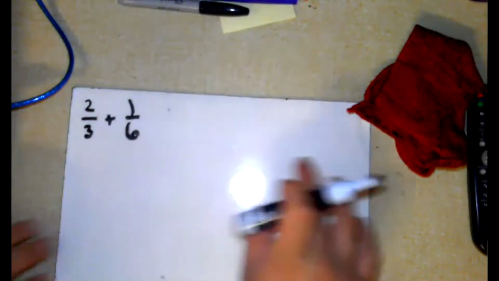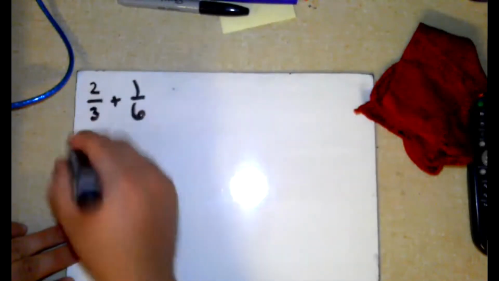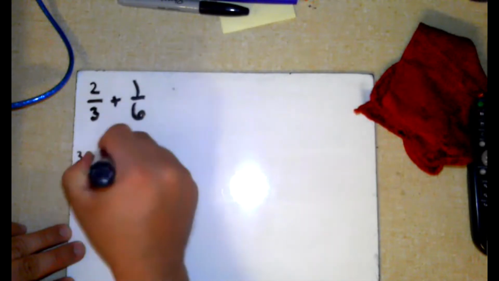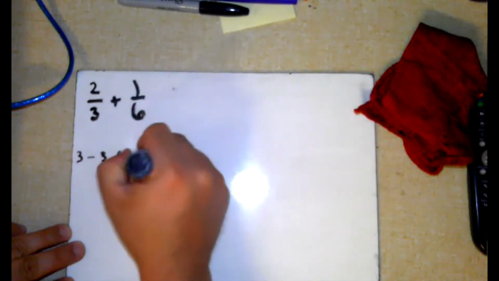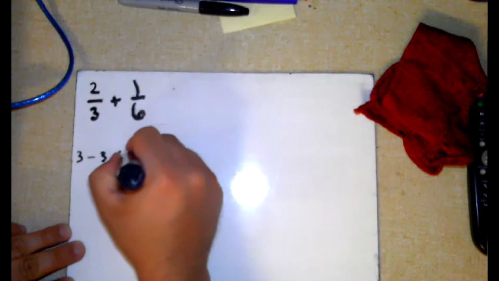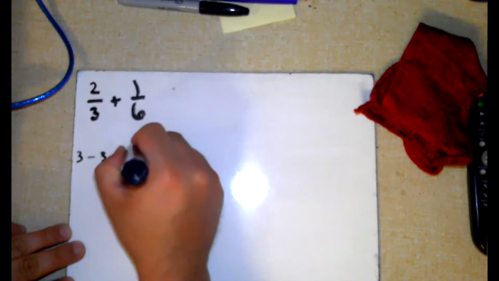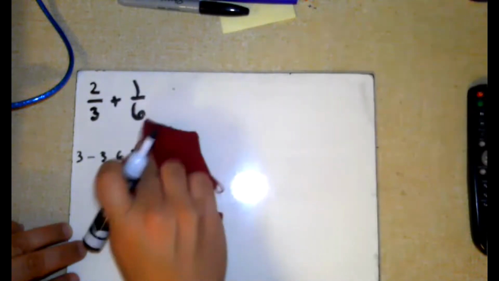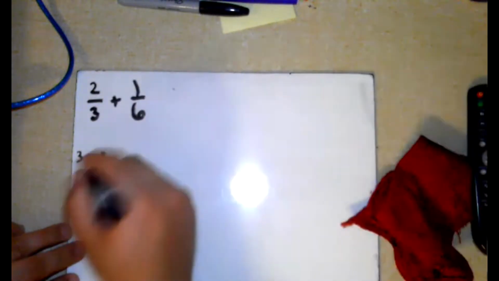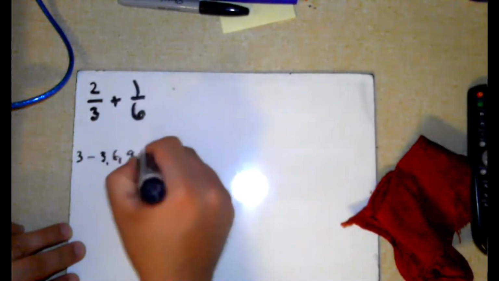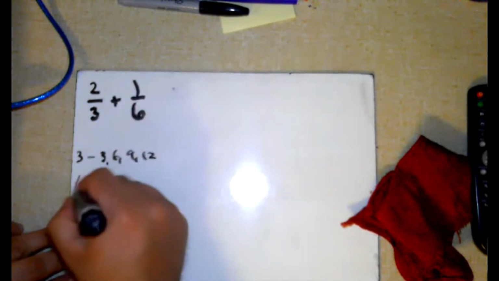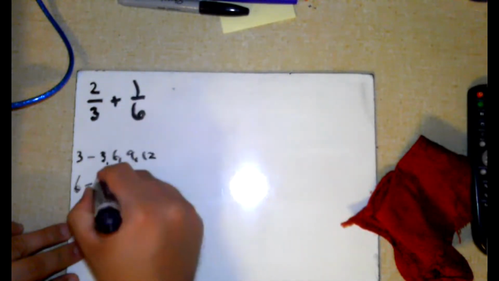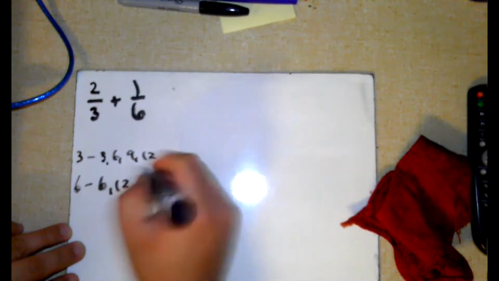Okay. So let's write our multiples of 3: 3, 6, 9, 12. And of 6: 6, 12, 18.